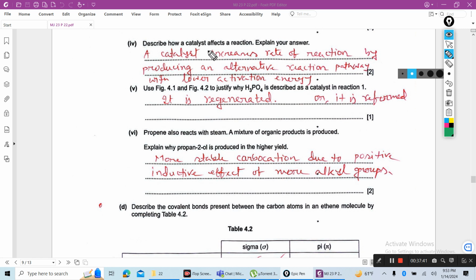Describe how a catalyst affects a reaction. Explain your answer. You know, a catalyst increases the rate of reaction by providing an alternative reaction pathway with lower activation energy. Or you can write, a catalyst provides an alternative route with lower activation energy.